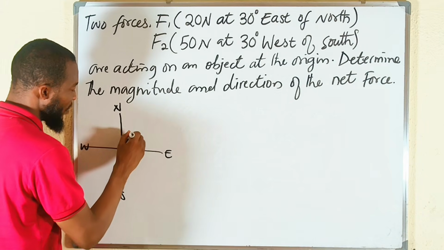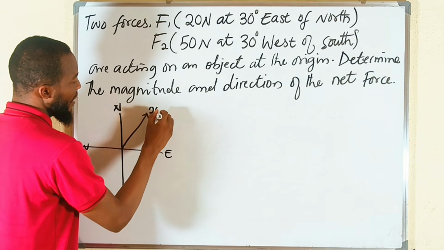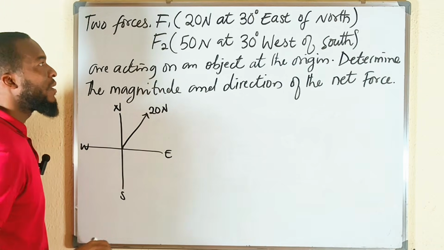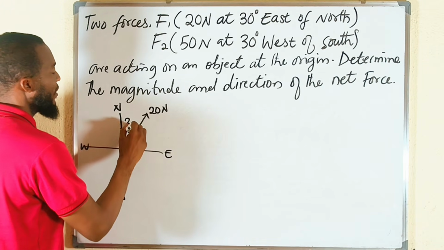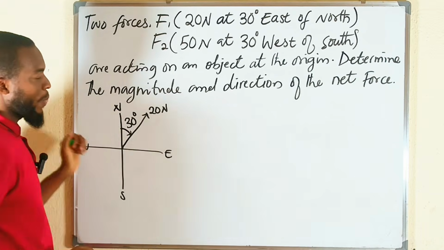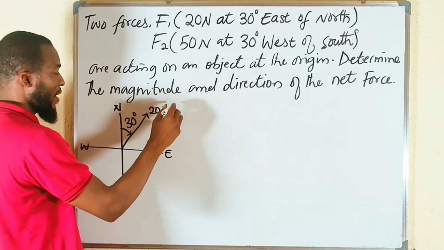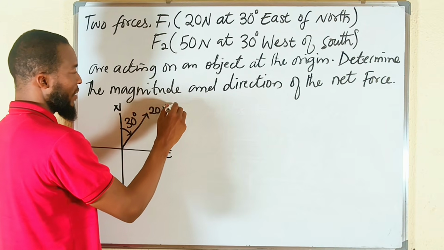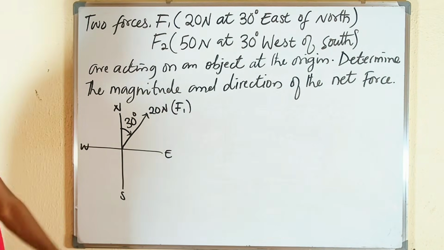So let's assume this is the force of 20 newtons. And this angle here is 30 degrees. We are done with this one. Then the second force, remember this is F1. Let me open a bracket. This is F1.